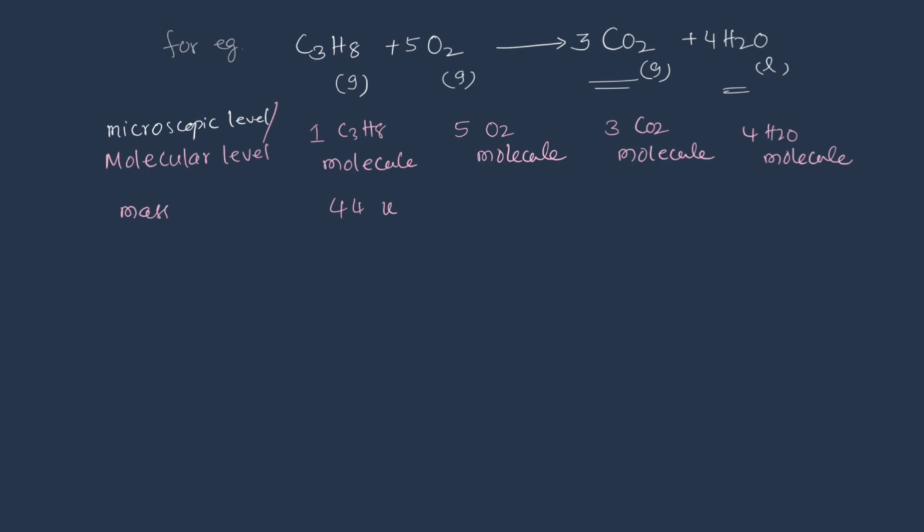Each molecule is 32, 5 into 32 is 160 unified mass. Next here 3 into 44 is 132 unified mass. Next here 4 into 18. Water molecule is 18, so 4 into 18 is 72 unified mass. These are the molecular level.